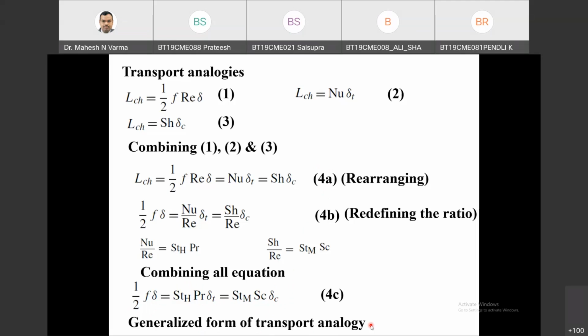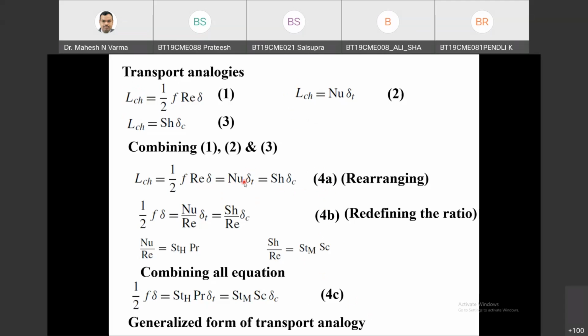These will be the base for derivation of any analogy. As I told, there are thousands of analogies present in the literature, but the starting point will be either equation 4A, 4B or 4C. Every analogy will start with this observation, with these basic characteristic dimensions.